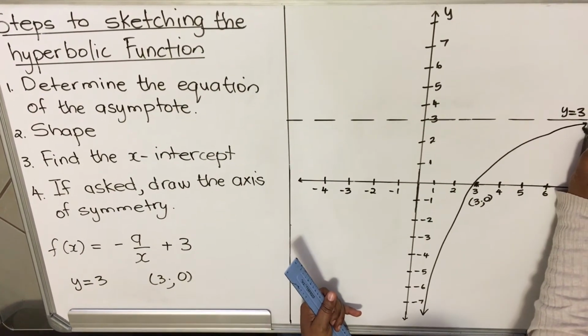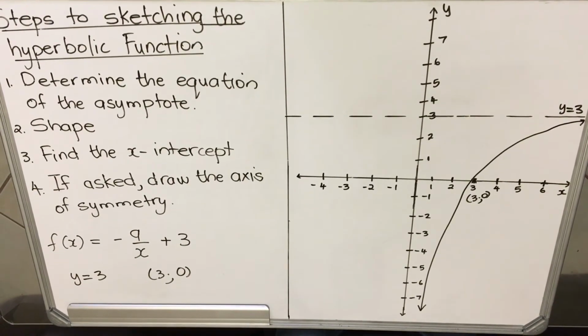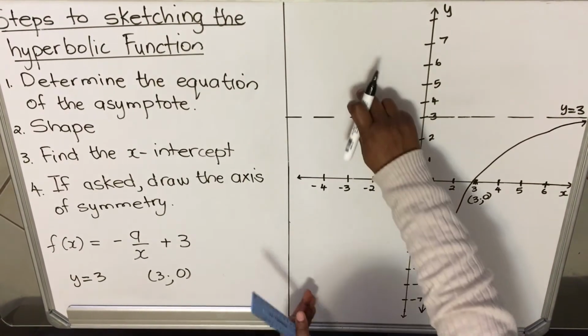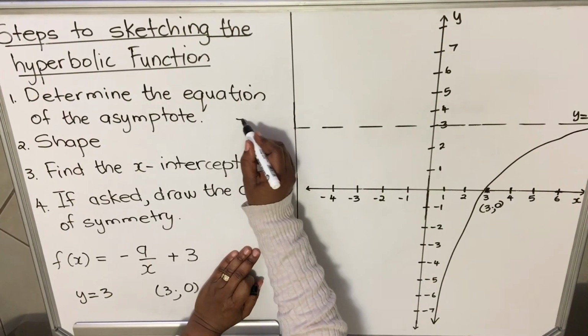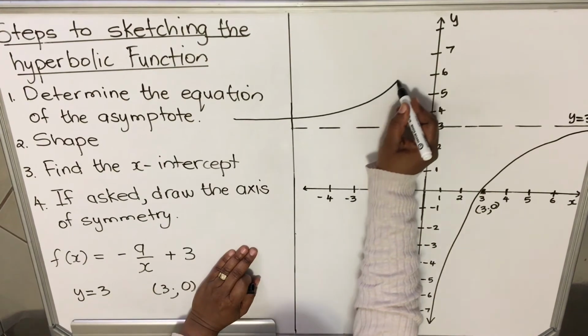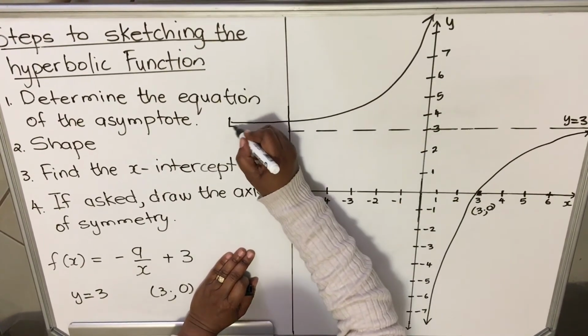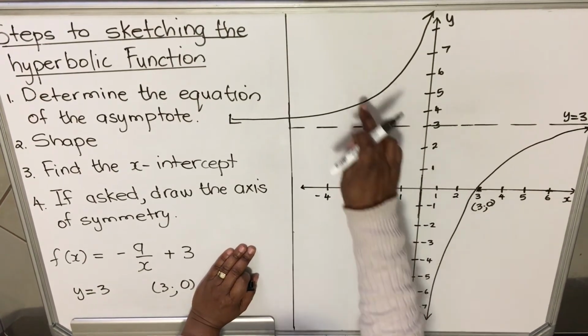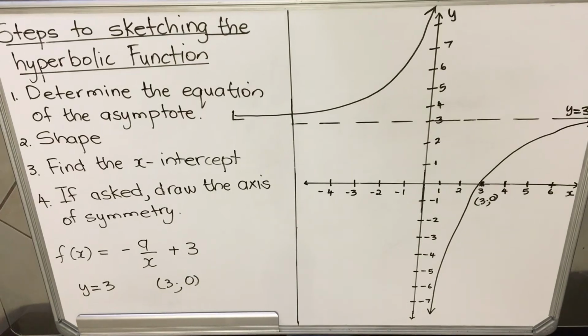So your graph will go like this, continue like that. And then you need to draw another graph in this quadrant that is exactly the same. Then it will go towards the asymptote like that and go further that side. And then you must have these two shapes that should be the same. So this is how you draw your hyperbolic graph.